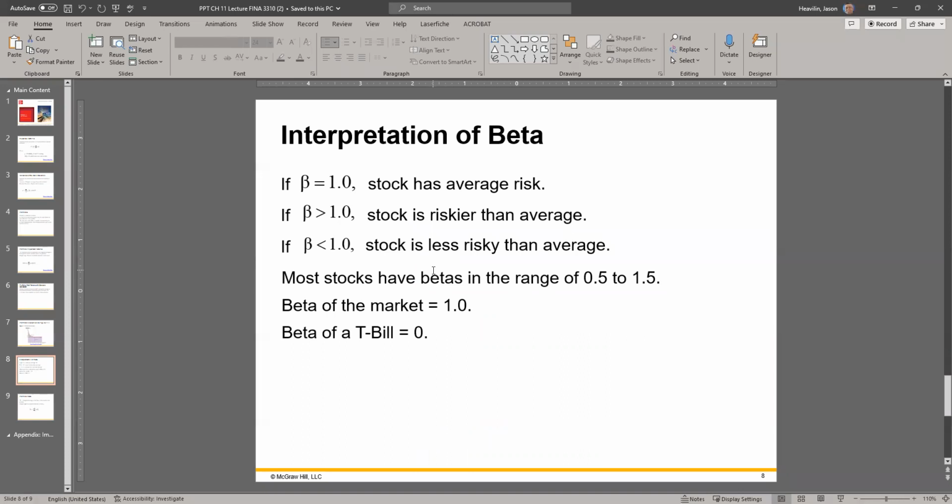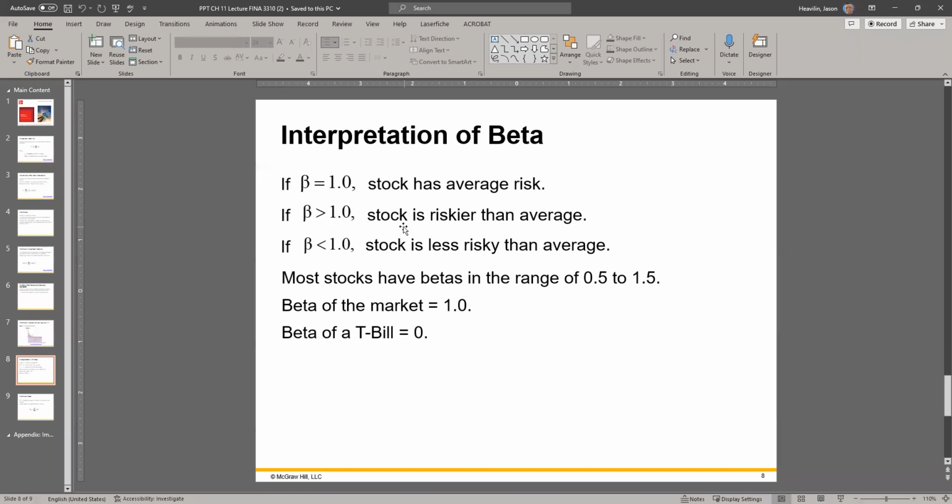If an asset has a beta higher than 1, then the stock is considered riskier than average. And vice versa. If it's less than 1, it's less risky. So what should happen is, if you have a stock that's a beta 1, you should get about the average return that the market has to offer.